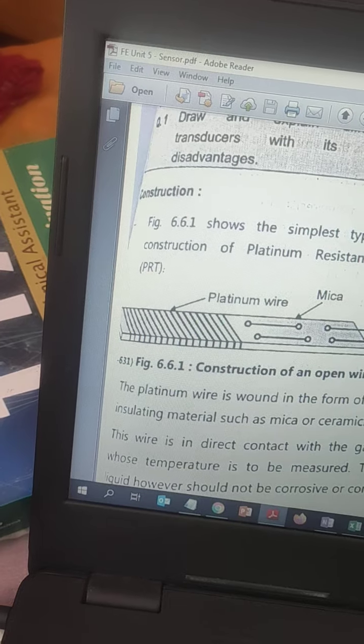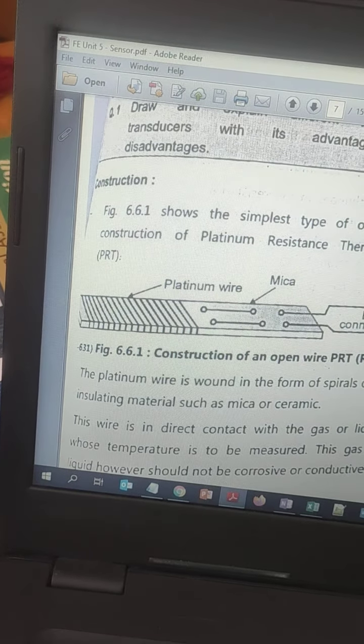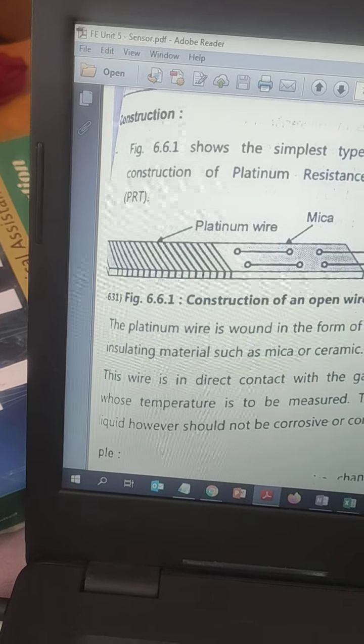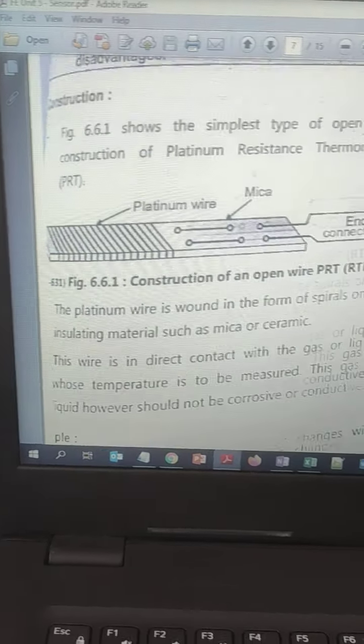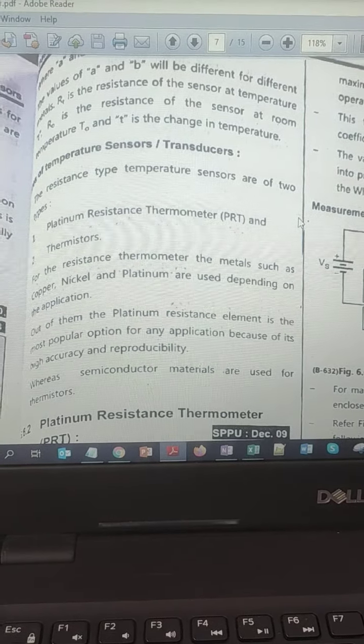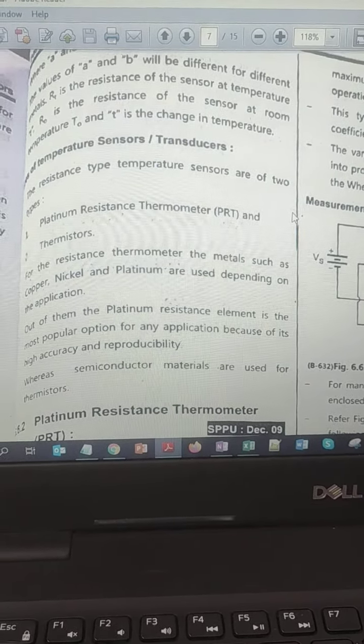This wire is in direct contact with the gas or liquid whose temperature is to be measured. The gas or liquid should not be corrosive or conductive. The maximum temperature measurable continuously is 1000 degrees Celsius.